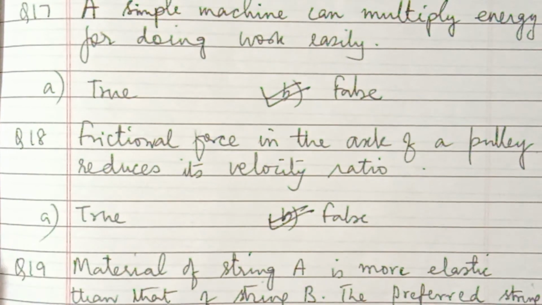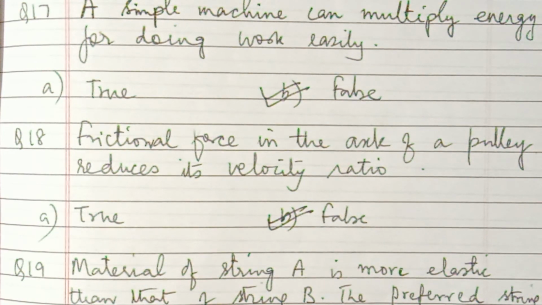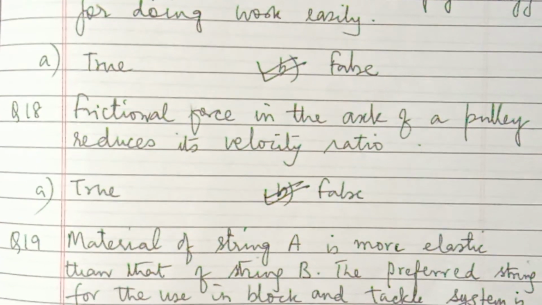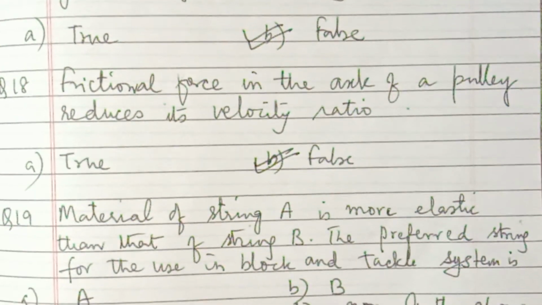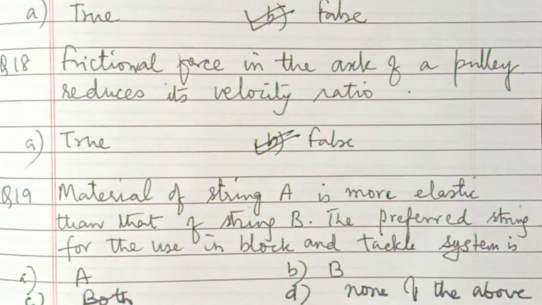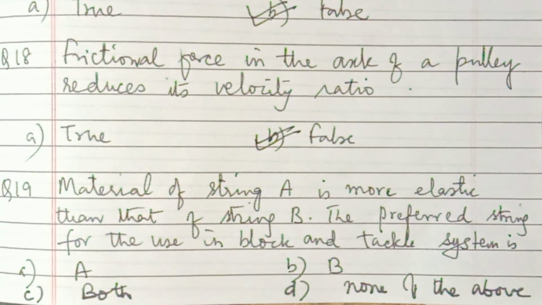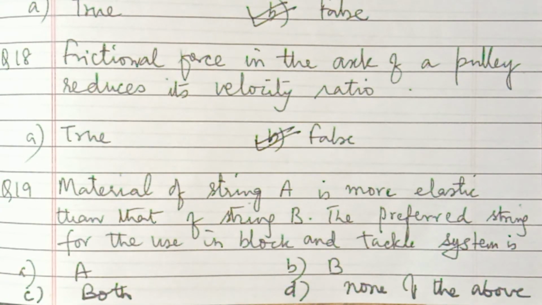Next: a material of string A is more elastic than the material of string B. The preferred string for use in a block and tackle system is A, B, both, none of the above. So which is more elastic?